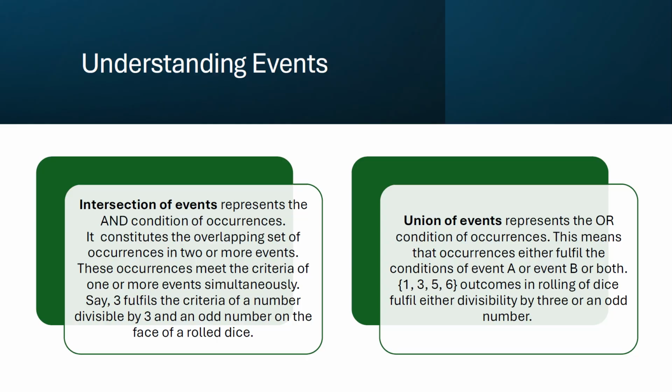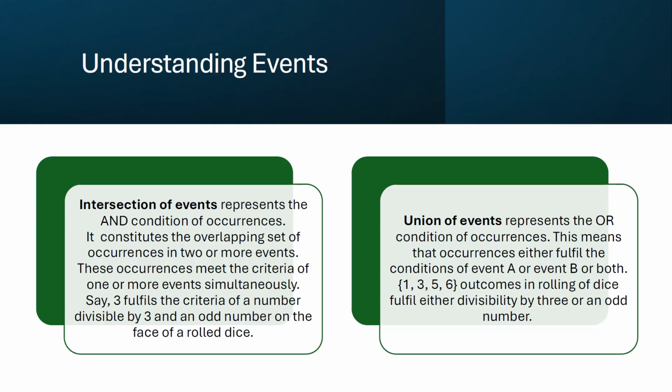Say 3 on the face of the dice can occur as a part of the event wherein we speak about the numbers divisible by 3. It can also occur as part of the event when we are looking at the odd outcomes in the rolled dice.